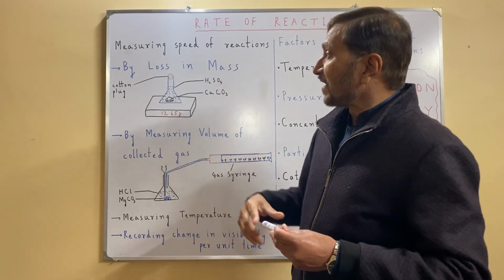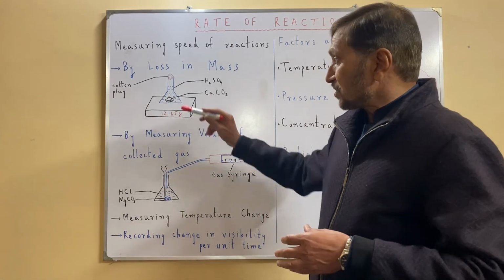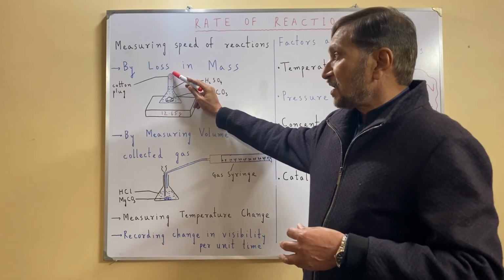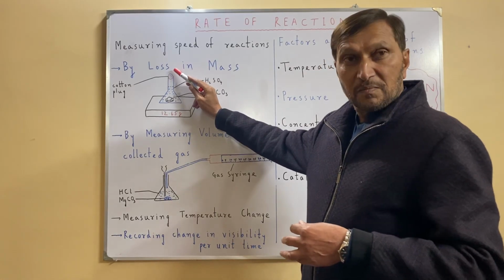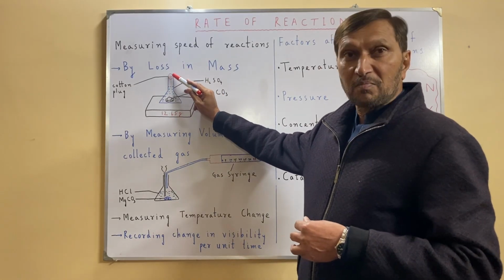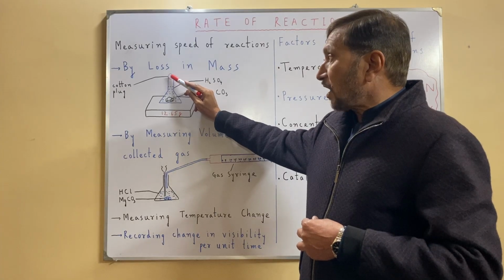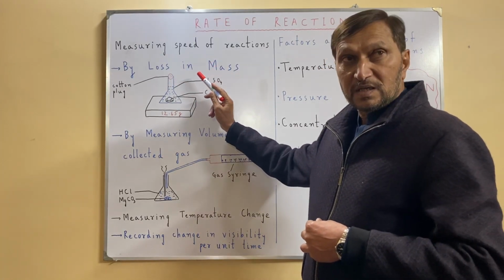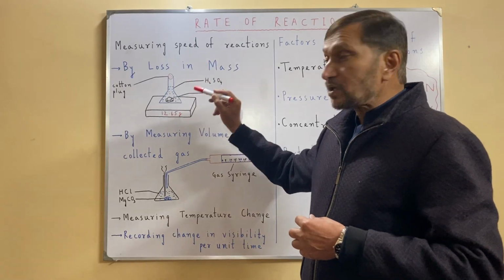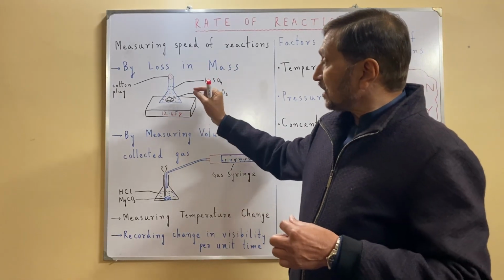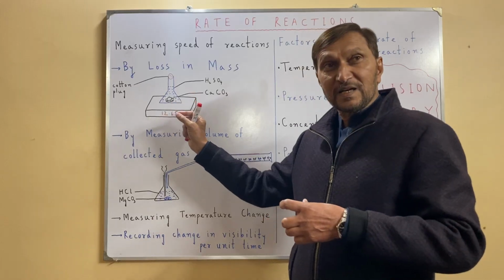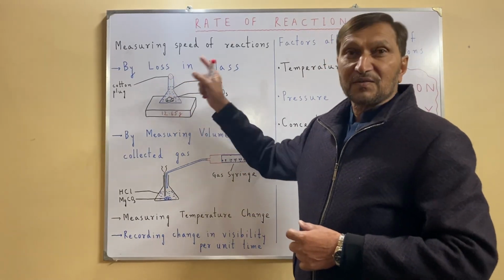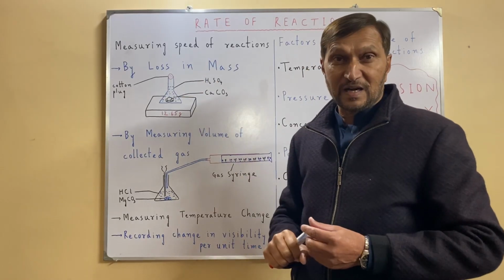Now the carbon dioxide gas which will be produced in this reaction will escape through the cotton plug of this conical flask, and the purpose of the cotton plug is to avoid splashes being lost in the environment. Therefore the loss in mass should be linked only to the release of the gas, for example carbon dioxide gas.